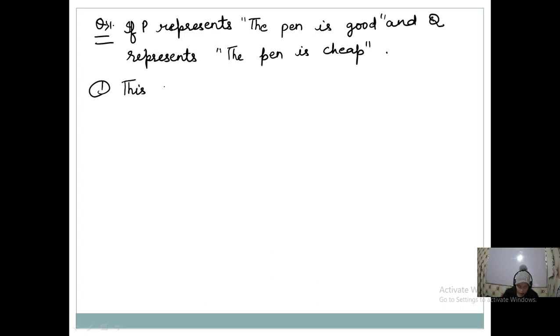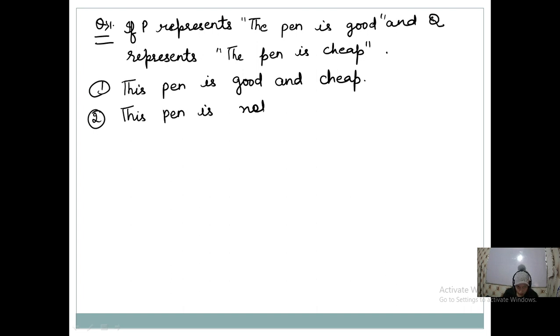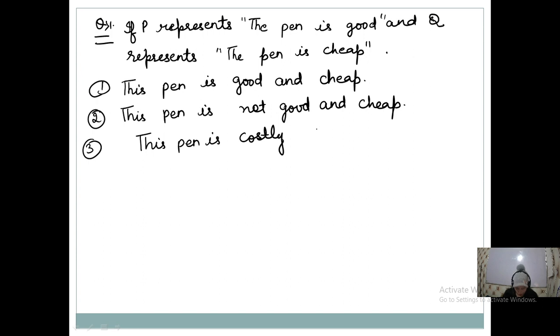First, this pen is good and cheap. Second, this pen is not good and cheap. Third, this pen is costly but good.